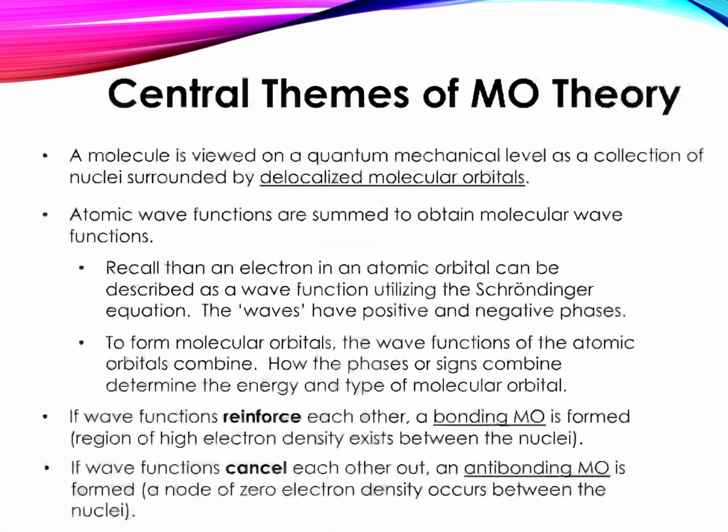So the molecule in molecular orbital theory is viewed on more of a quantum mechanical level. It's a collection of nuclei surrounded by delocalized molecular orbitals. Remember that we were thinking about electrons in terms of being both a particle and a wave.